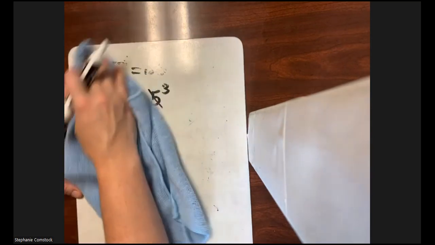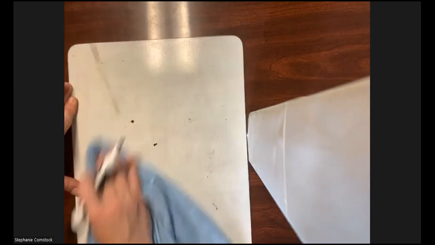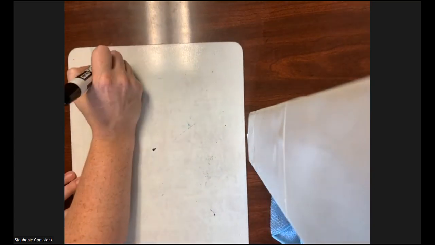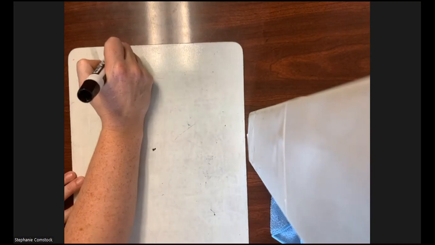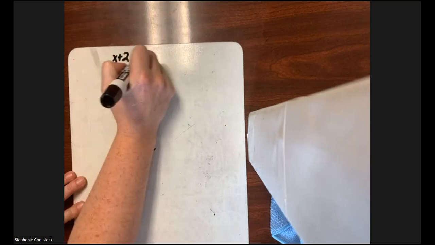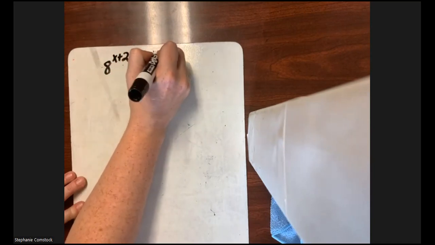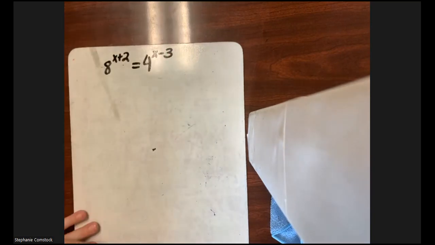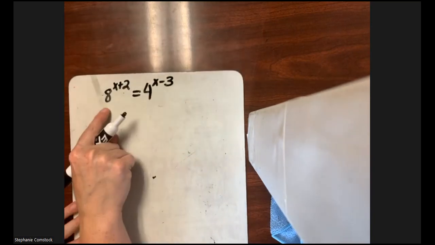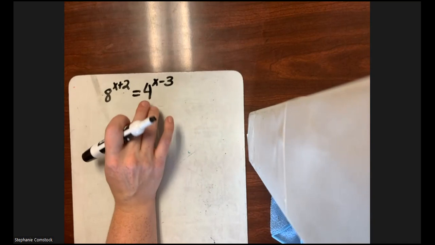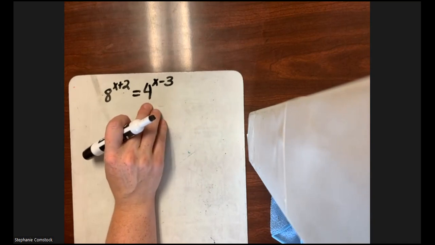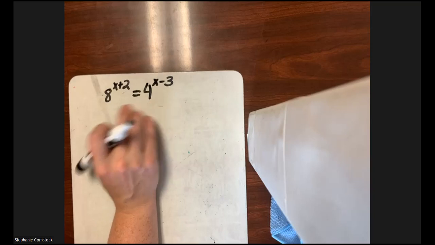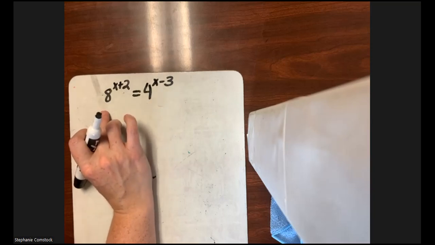Sometimes you may have to change both bases and bring them both down. Let's take a look at an example of that. I already talked about how we take larger bases and bring them down. If I think about powers of 4, 4 to the first is 4, 4 squared is 16. We bypass the 8.